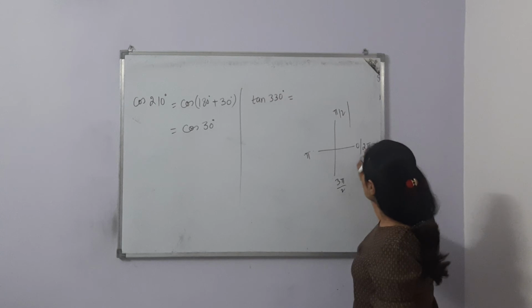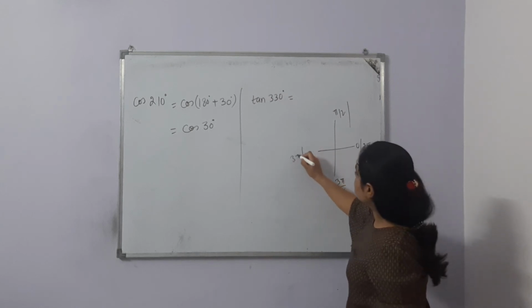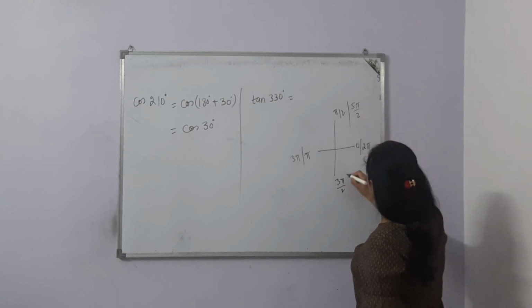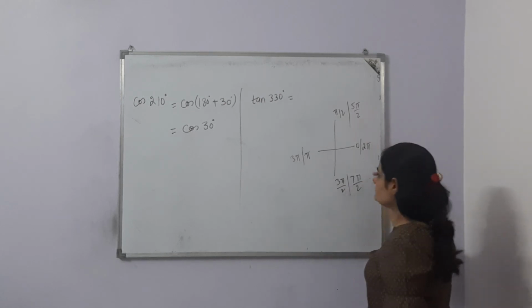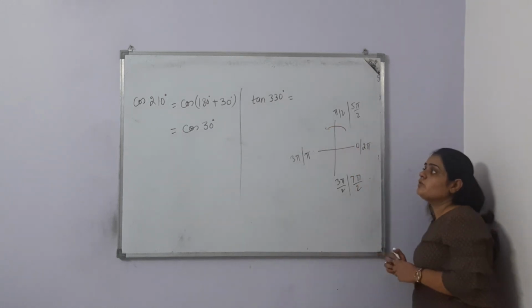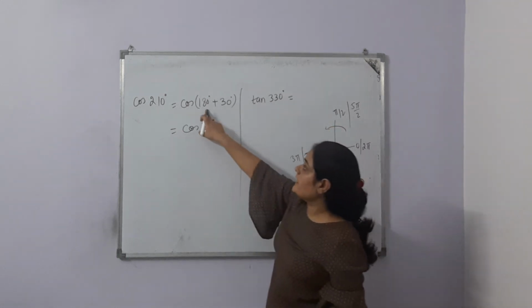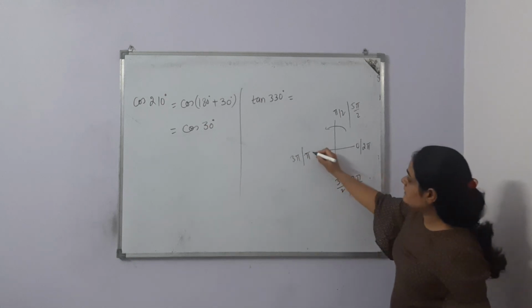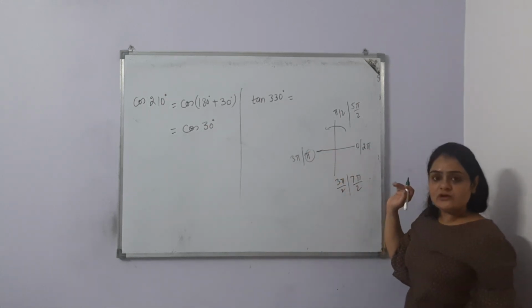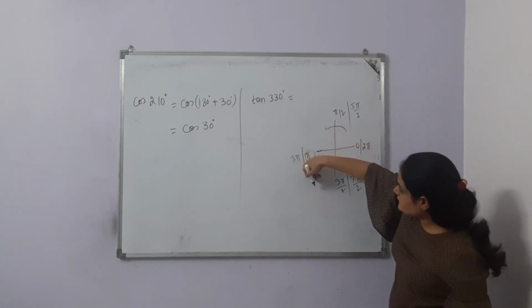Of course 0, pi, 2 pi, 3 pi are on the horizontal line, and pi by 2, 3 pi by 2, 5 pi by 2, 7 pi by 2 are on the vertical line. This is the shortcut way, I already told you, and anti-clockwise direction. So 180 plus, that means pi plus. Where is pi? On this line. Pi plus means anti-clockwise direction, which is this.